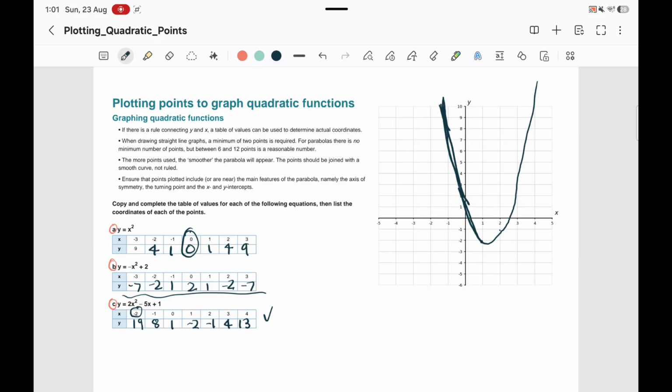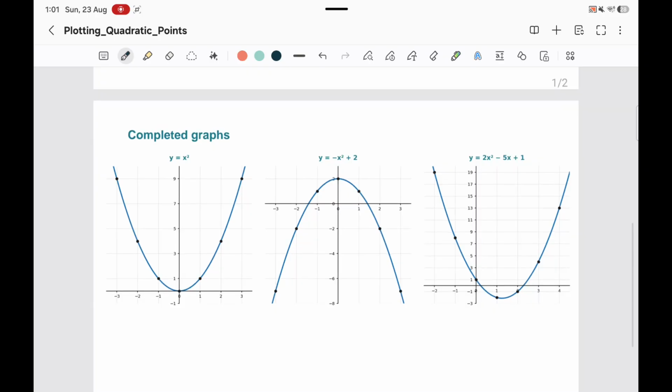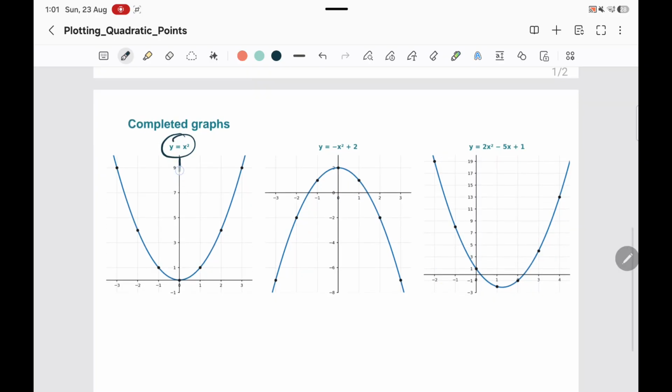The big problem of this example C is that currently we don't know what the axis of symmetry is. Where is this vertex exactly? So I actually prepared some completed graphs. So y equals x squared, obviously this is the axis of symmetry. And same goes for this one. This is the axis of symmetry.